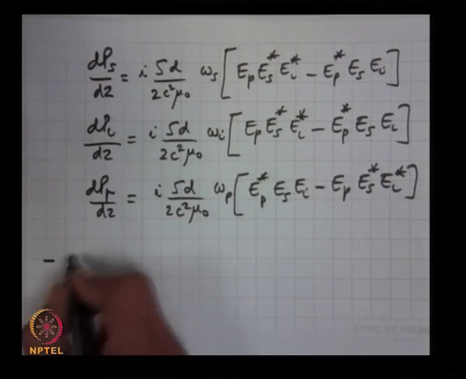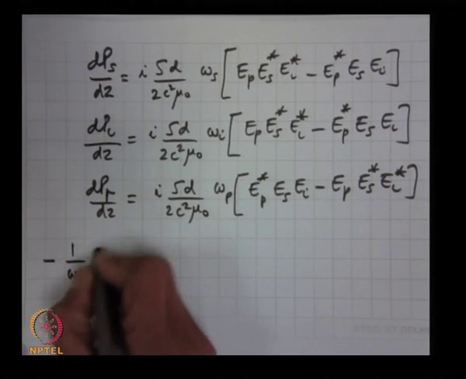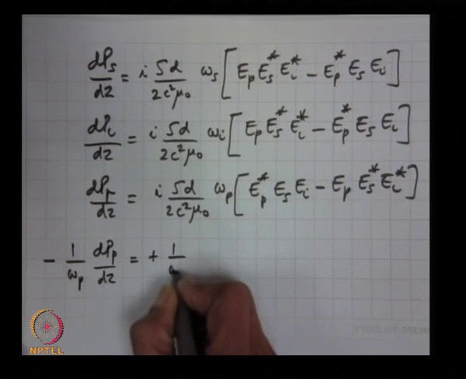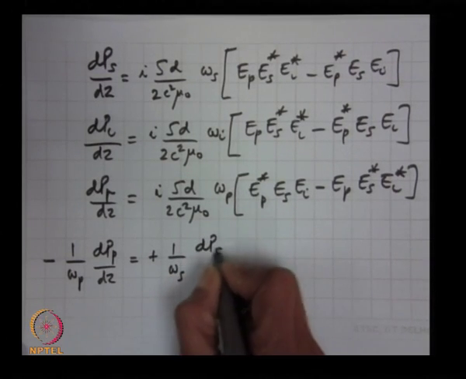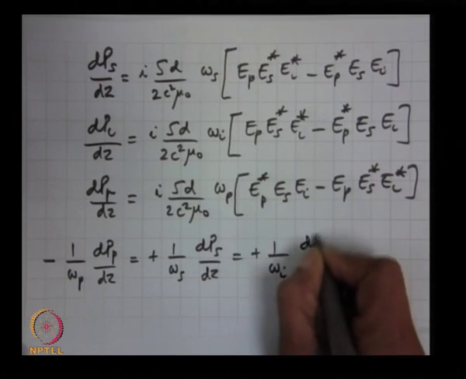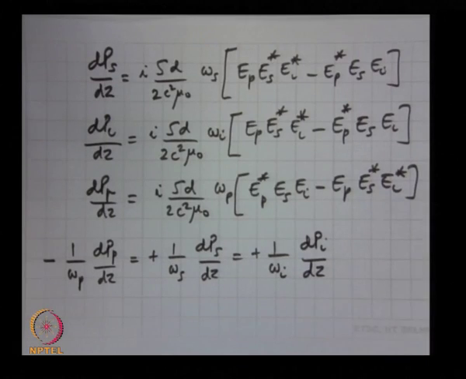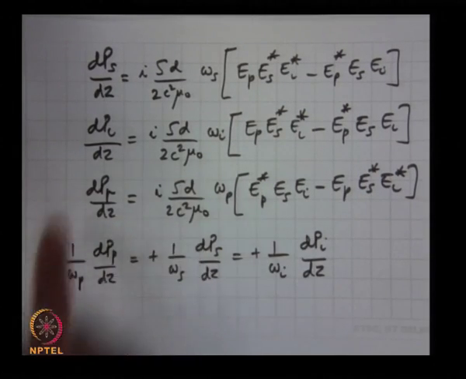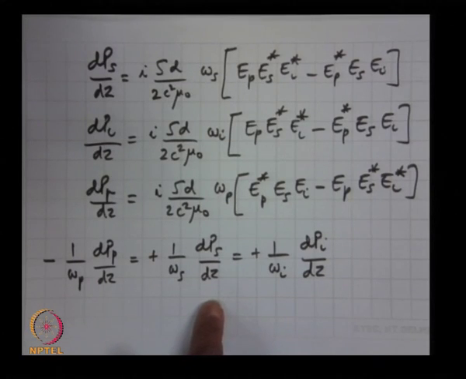So I get minus 1 by omega p dPp/dz is equal to plus 1 by omega s dPs/dz is equal to plus 1 by omega i dPi/dz. These are called the Manley-Rowe relations.